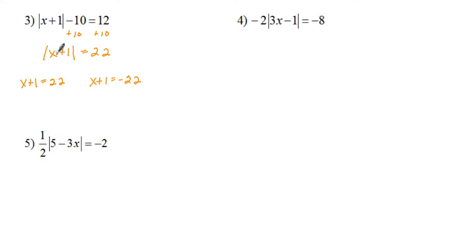It stays in the absolute value until you've got it isolated and you're setting up your two different equations. Now we've broken out of absolute value jail. Now we solve each. Subtract 1 from both sides. So the two solutions to this, x is 21 and negative 23.